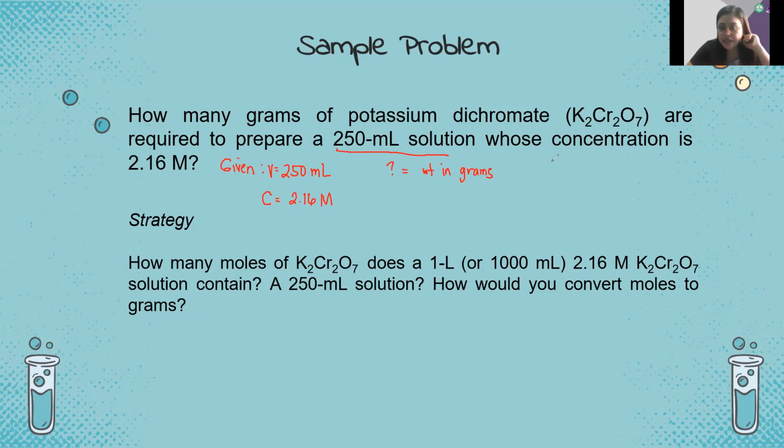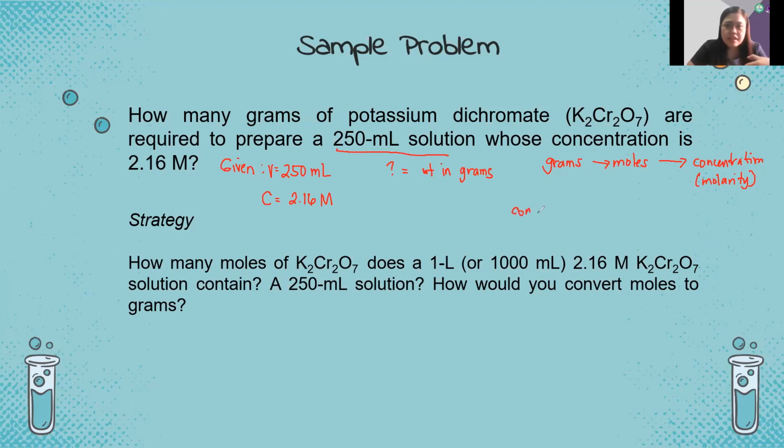The process supposedly is you have the grams, you convert it into moles, and then you compute the concentration in molarity. But this time, this problem is the complete opposite.